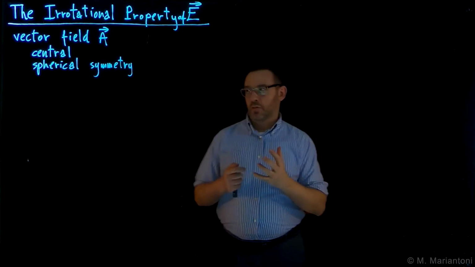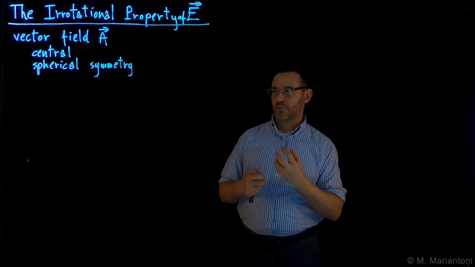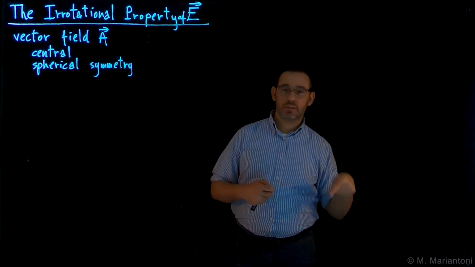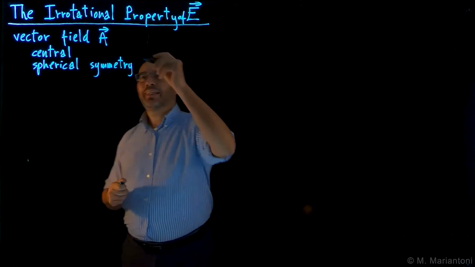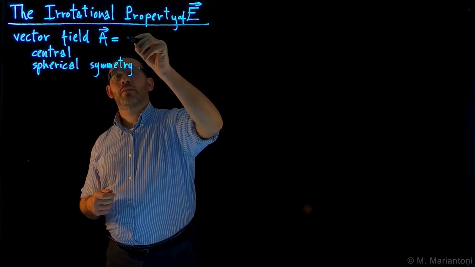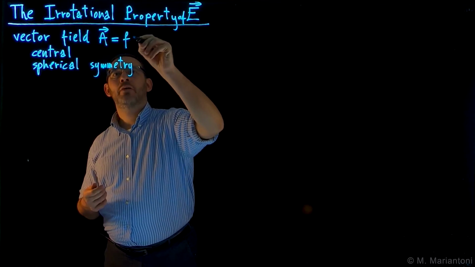So in math, what does it mean to have a vector field A which is central and with a spherical symmetry? In math, this simply means that A vector can be rewritten as a function with a magnitude f of r.